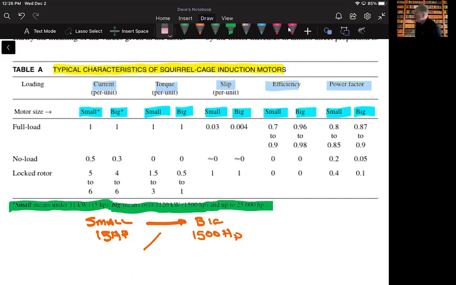So all of those things have their specific designation as we go through here.